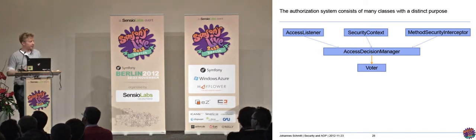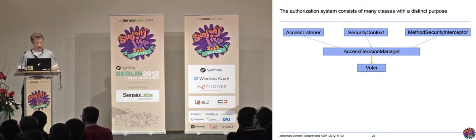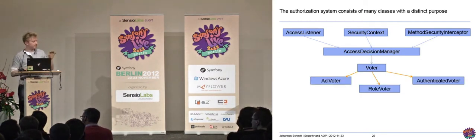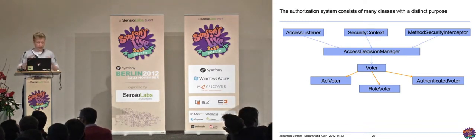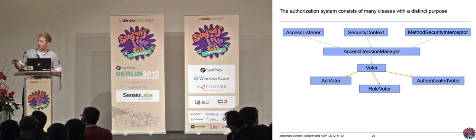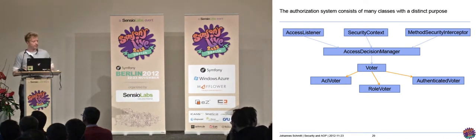And as I said, we have several voters registered for the Access Decision Manager. This is the ACL voter, the role voter, and the authenticated voter by default, which all operate on different attributes. The authenticated voter, for example, checks things like is authenticated remembered, is authenticated fully, is authenticated anonymously.